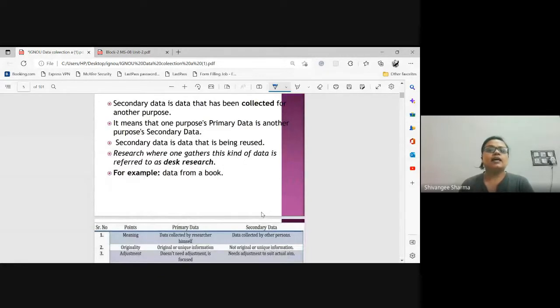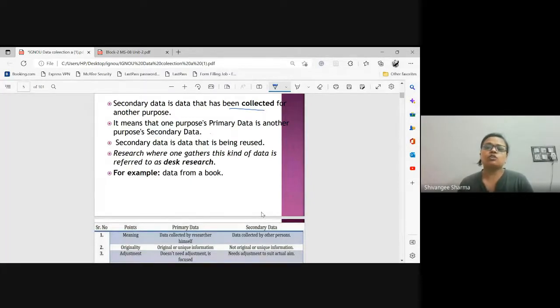Secondary data has been collected for some other purpose, and you are using it for your particular problem which you are analyzing now. So secondary data is already established, so it will be in the form of books, journals, web pages, blogs, and in the form of newspapers, or statistical reports, right?